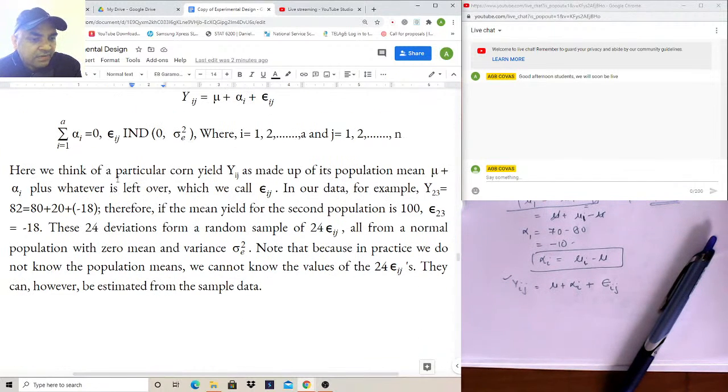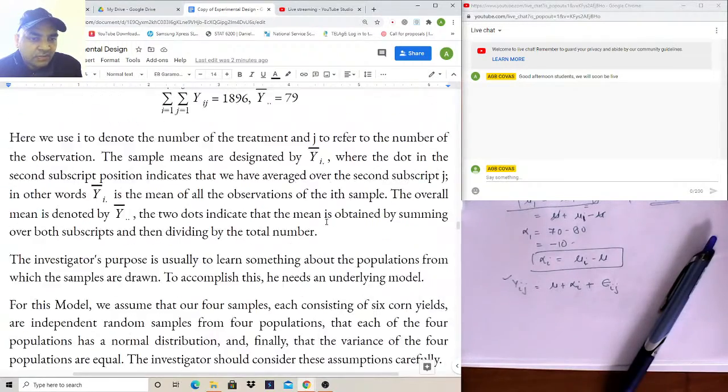So basically here we think that a particular cone yield Yij is made up of the population mean plus alpha I plus whatever is left over, that is epsilon Ij. In our data, for example, if I take Y23, what is Y23?